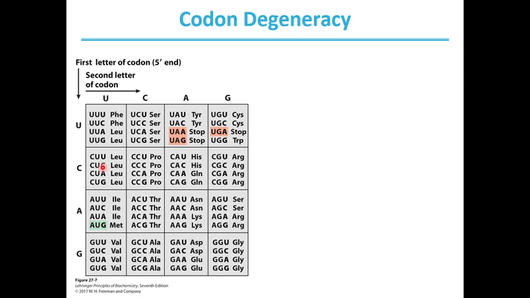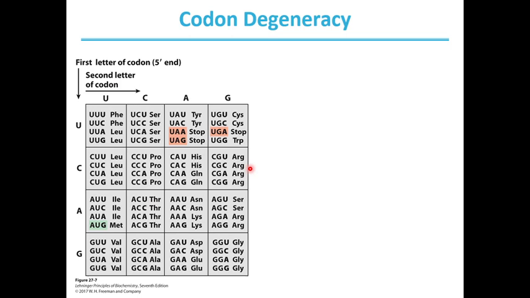Although an amino acid may have 2 or more codons, each codon specifies only one amino acid. So, for example, if CUU is coding for leucine, CUU cannot code for any other amino acid. The degeneracy of the code is not uniform. If you look at methionine and tryptophan, as I said before, they each have one codon.